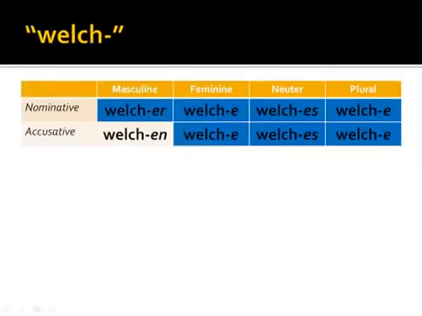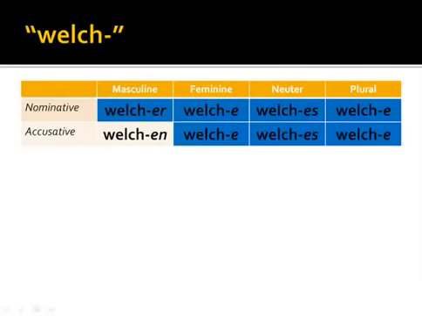Again, the same Oklahoma pattern applies, and this applies for dies as well, based on whether the noun that welch modifies is masculine, feminine, neuter, or plural, and whether this noun is nominative or accusative. In the nominative or accusative environment, I will apply the endings you see on your screen to the root.